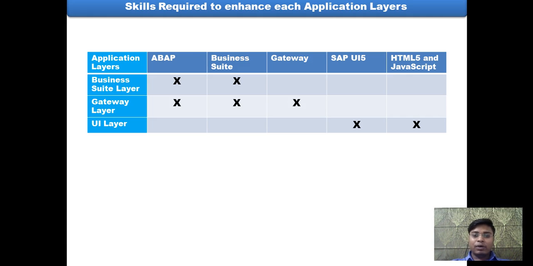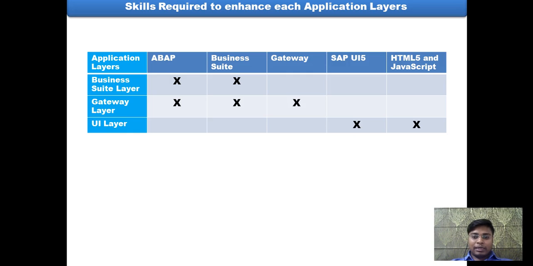What are the skills required to build a Fiori application? As I have already told you, we are basically dealing with 3 different layers: the business suite layer, the gateway layer, and the UI layer. In the business suite layer, we need ABAP engineers and business suite consultants, those are functional consultants.